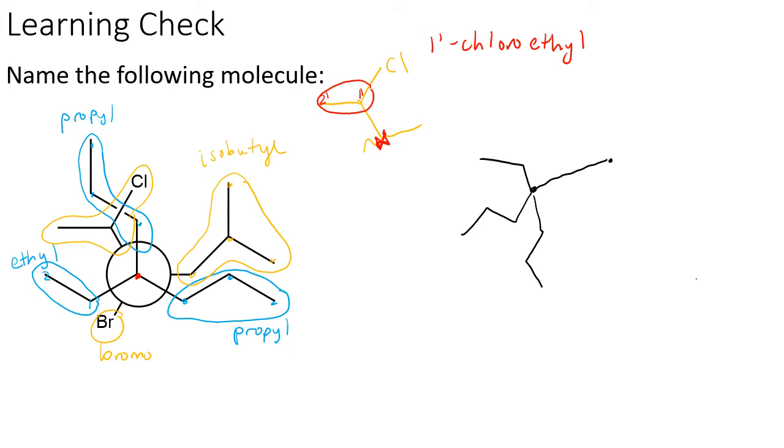So off of our back carbon, we had a bromo group, we had an isobutyl group, and then we had our sub-branch, which was our 1'-chloroethyl.